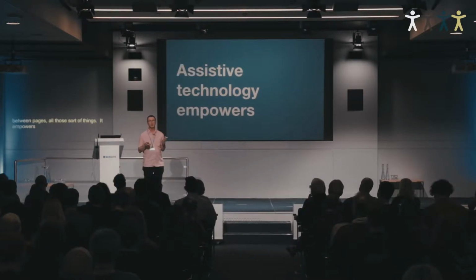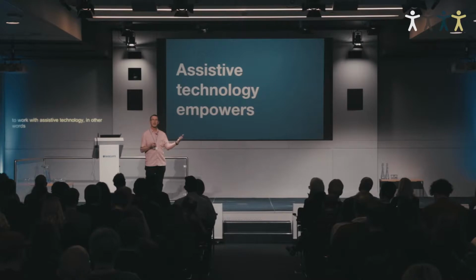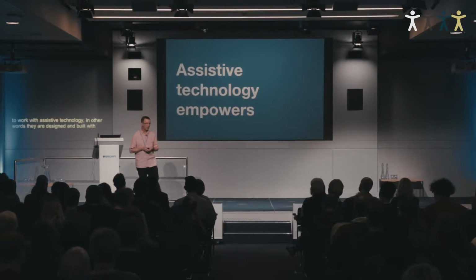So it empowers that when it's done right, when it works, and when websites are set up to work with assistive technology. In other words, they're designed and built with standards and designed and built in the correct way. It not only empowers someone to do that, but it then gives people confidence to be able to do that on other websites and to be able to do it on other technologies, other systems.